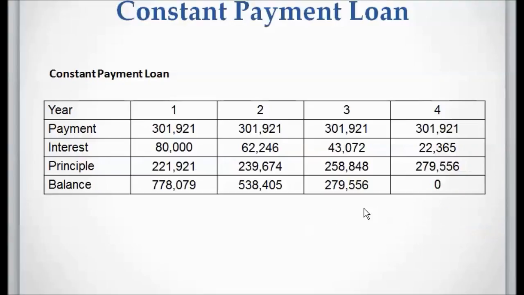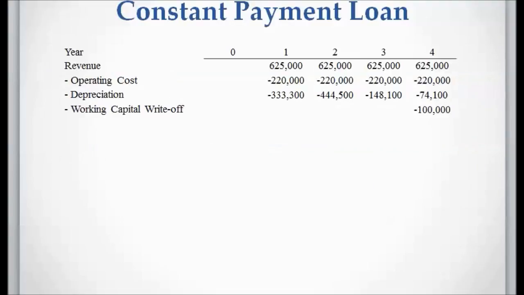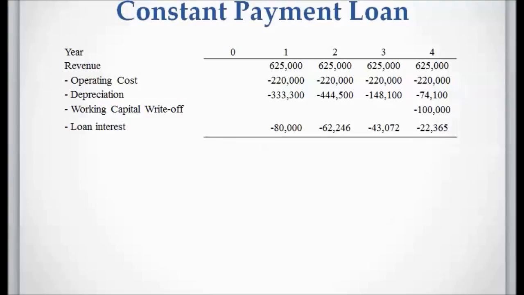So we are going to need these two rows, interest and principal portions of each payment. And let's see how we have to enter them into the table for our calculations. So the revenue, operating costs, and depreciation in working capital are the same. The other item that we have to enter into the table as an amount that has to be deducted from the revenue as tax deduction is the interest portion of these annual payments.